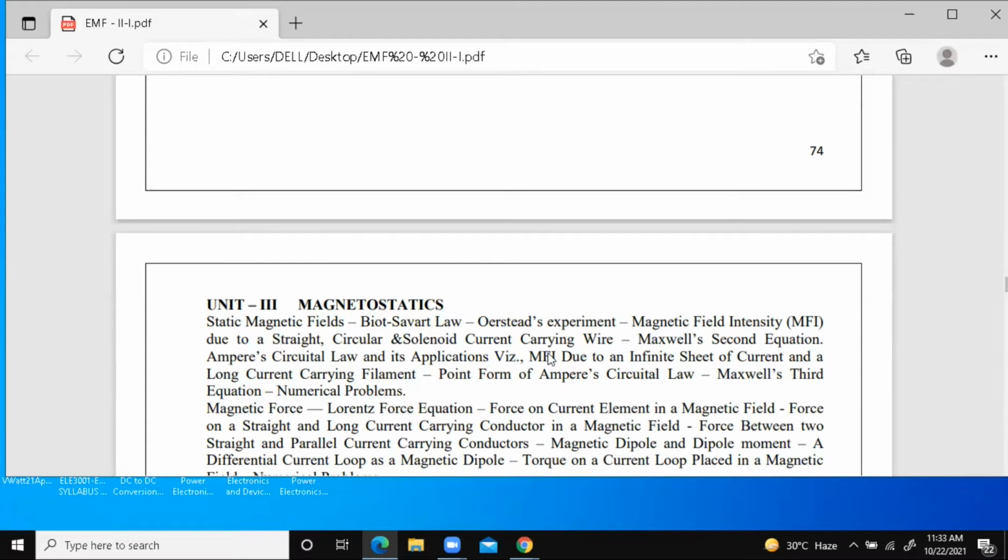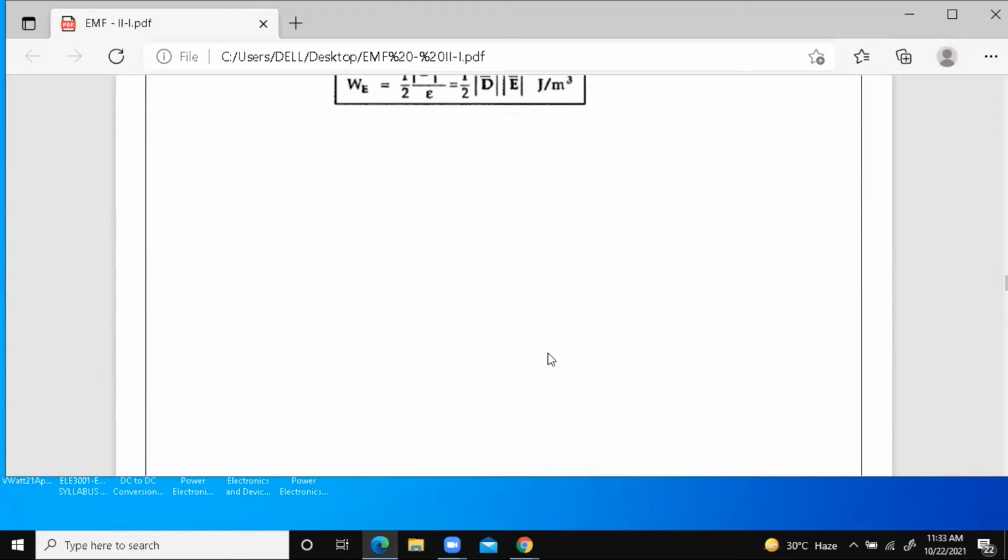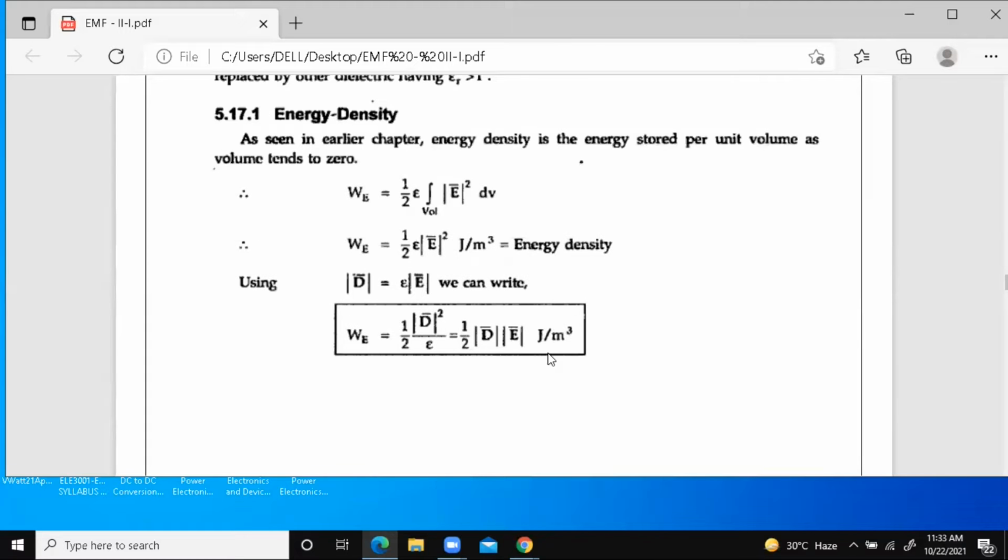Sir, a question about energy stored in an electric field. Could you say that if you found the force of the charges and just multiplied by some distance, you would get the energy stored in the electric field?